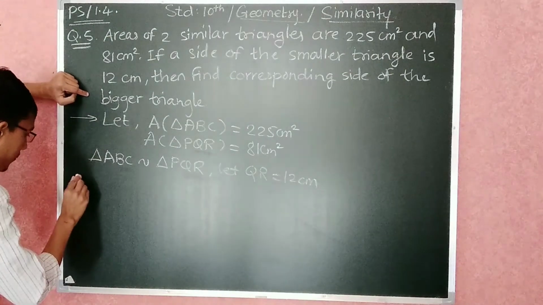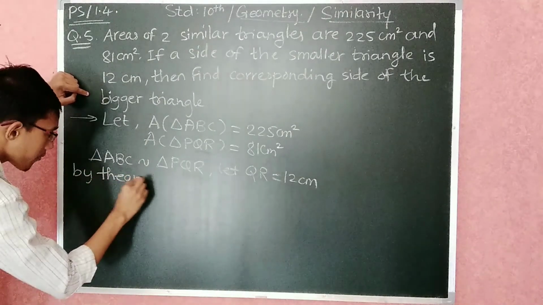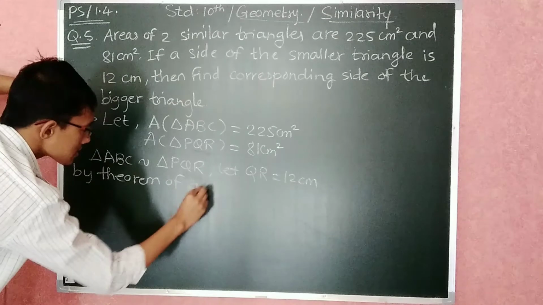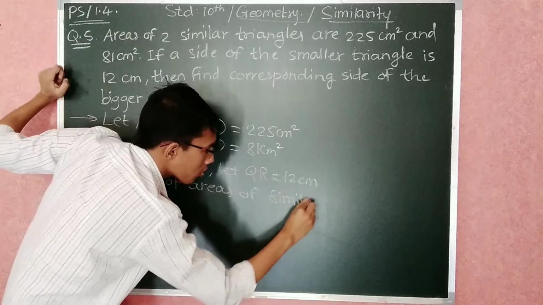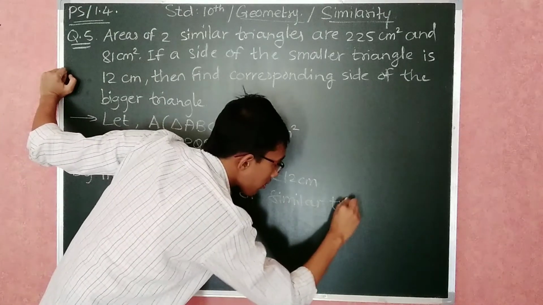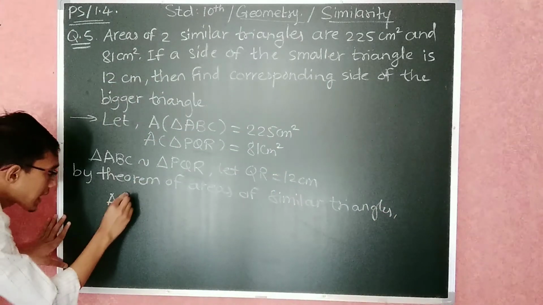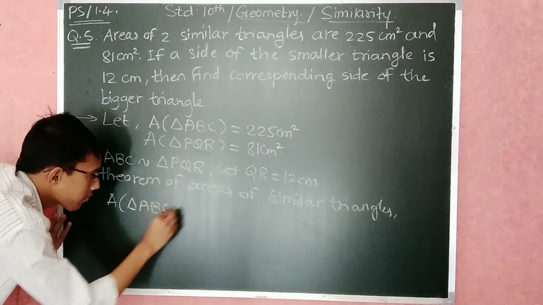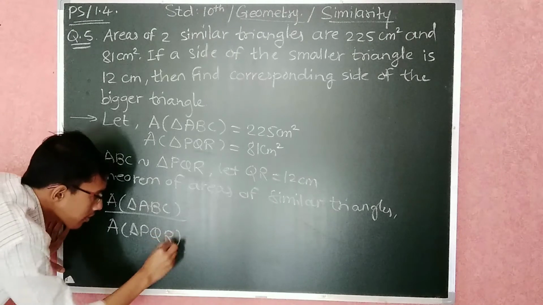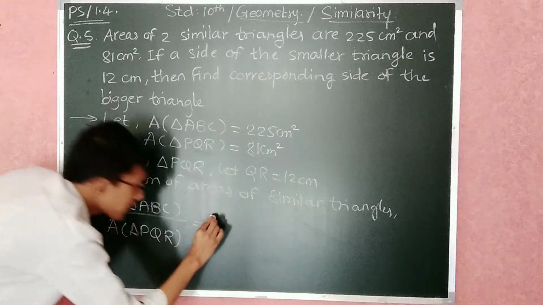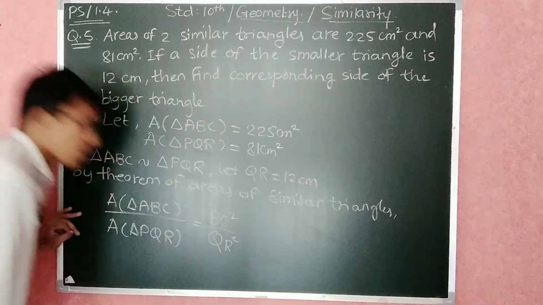By the theorem of areas of similar triangles, I can write that area of triangle ABC upon area of triangle PQR is equal to, I can take one of the corresponding sides, BC square upon QR square.